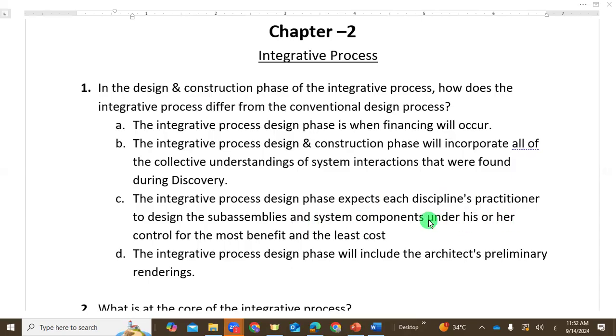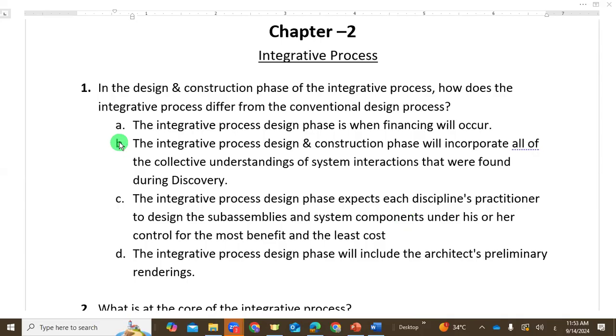See here, under his own control. I don't think anyone works under only their own control. We need to discuss; there is integration and coordination between disciplines. The architect will not draw one line or one wall thickness without coordinating with the other team that will advise on the insulation. So there is nothing under your own control. This would be called a linear process, a single process. So C is not the answer, and A also is not.